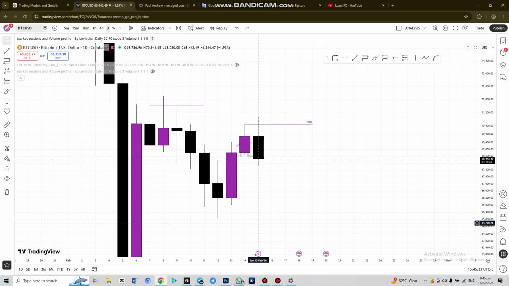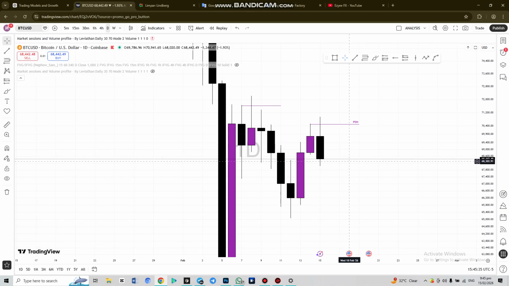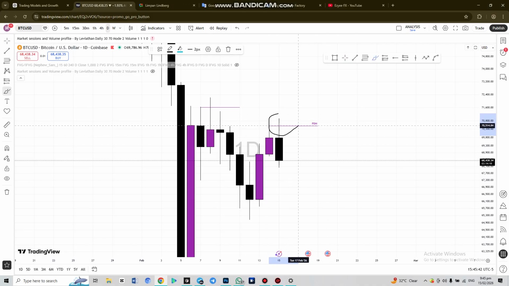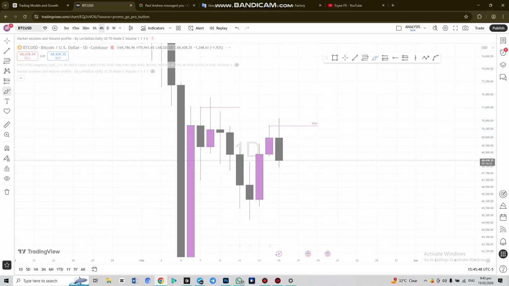Now what I did is that from this I moved down to the lower time frame. Immediately the sweep happened here. I moved down to the lower time frame just to check for some confirmation that I always look out for. I don't know why this is lagging, but let's wait and see.